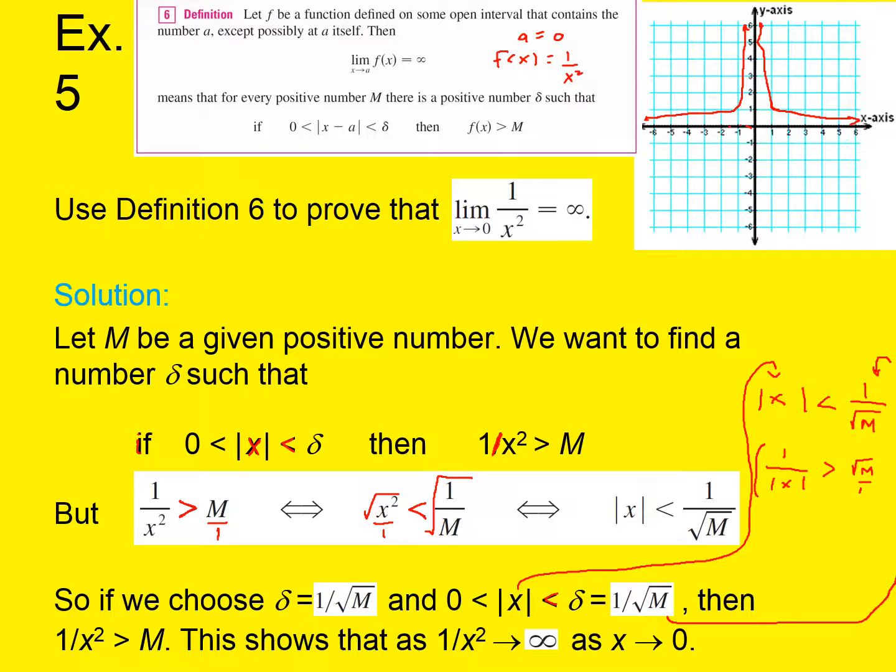Now we flip both sides: 1 over absolute x is greater than the square root of m over 1. Square both sides.